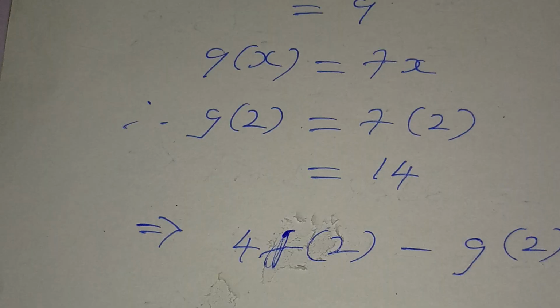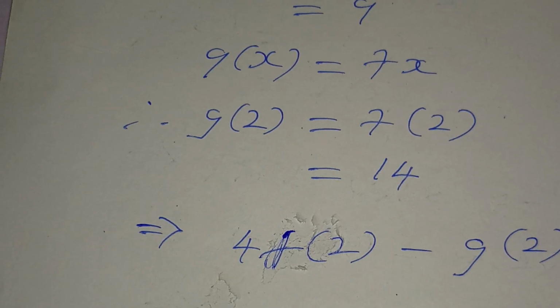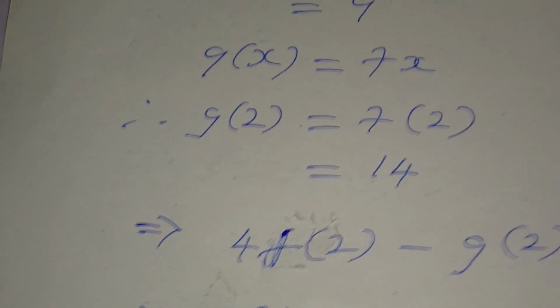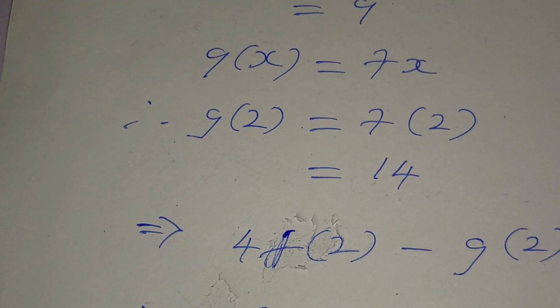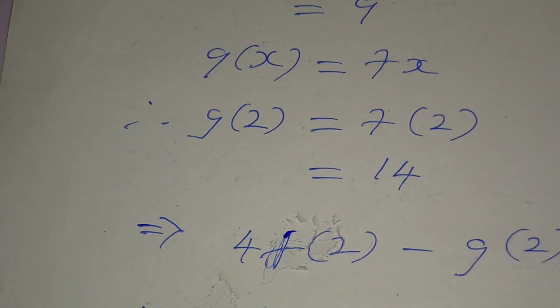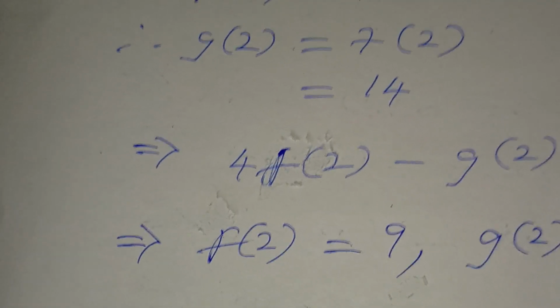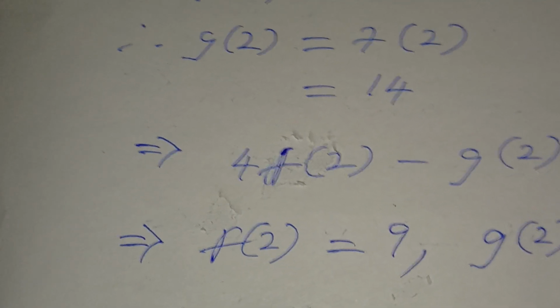From what we have got, our f of 2 equals 9, while our g of 2 equals 14.